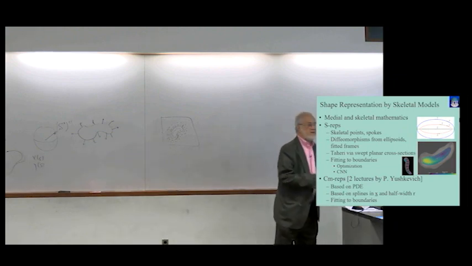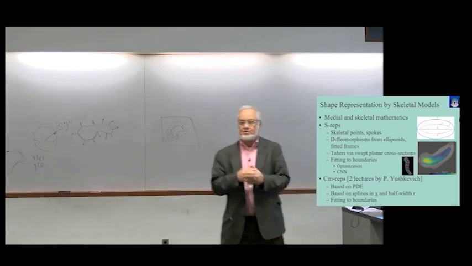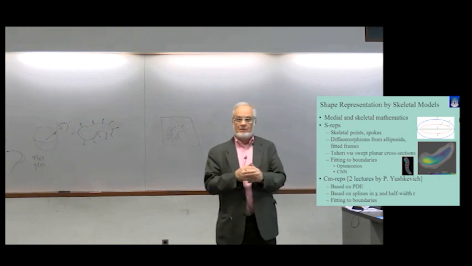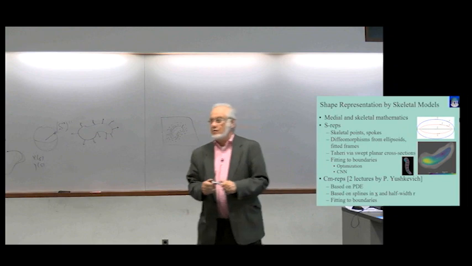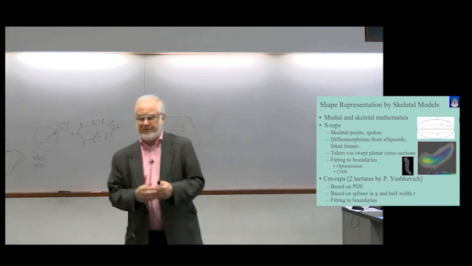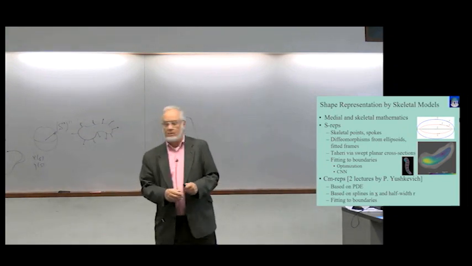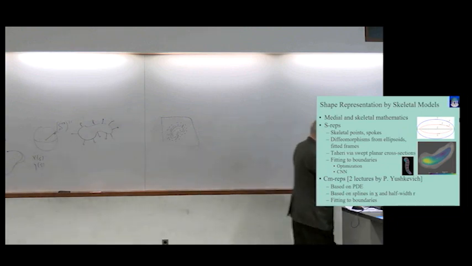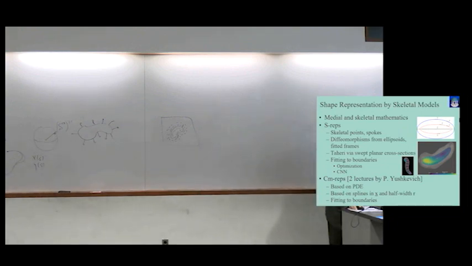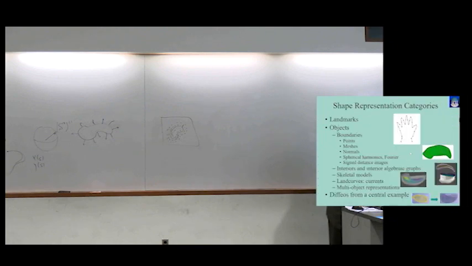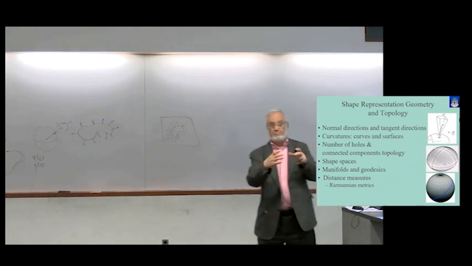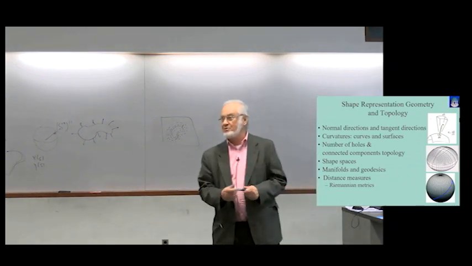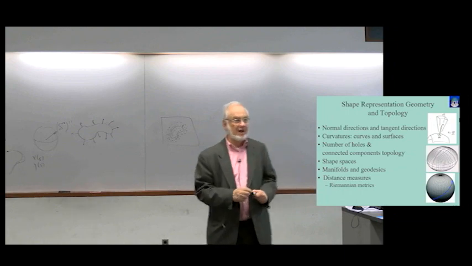It turns out to be powerful to understand the skeletal representations as transformations of an ellipsoid, which has a very simple skeleton. There's my ellipsoid. Its skeleton turns out to be a planar ellipse stuck halfway between the top side and the bottom side of the ellipsoid.